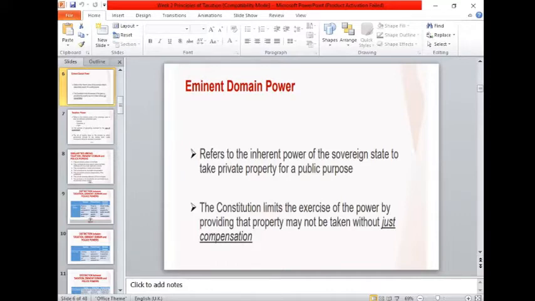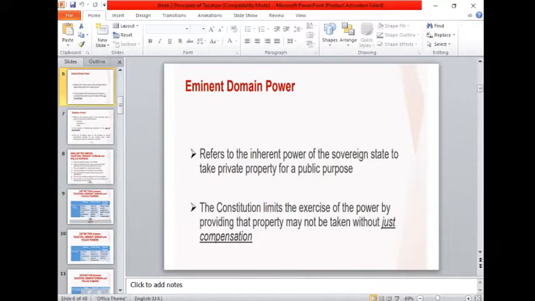A just compensation means that the government may buy the properties from the private individuals to use for public purpose, and the private individuals have nothing to do but to comply.